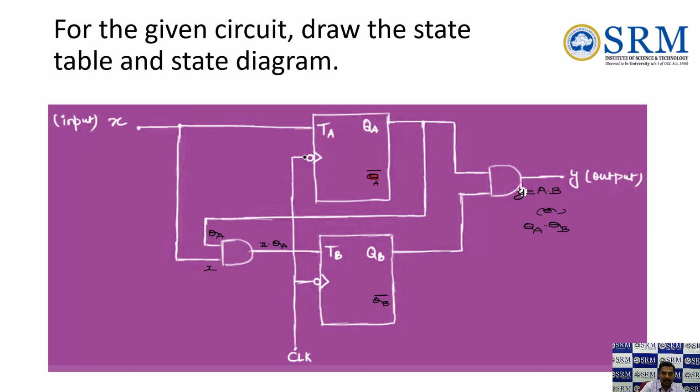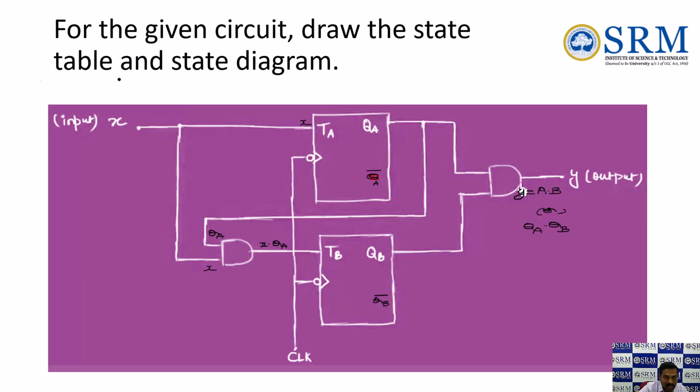Now coming to the first flip-flop, TA. X is directly connected to the input of the first flip-flop. Now in step 1, I am going to write the state equations.